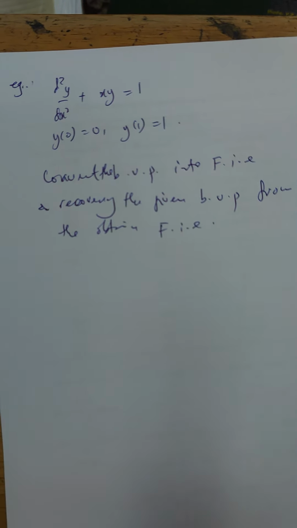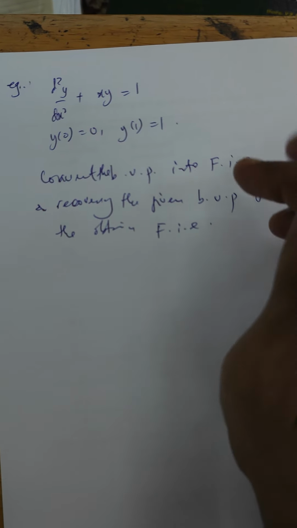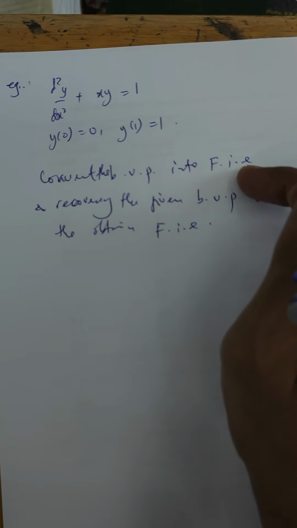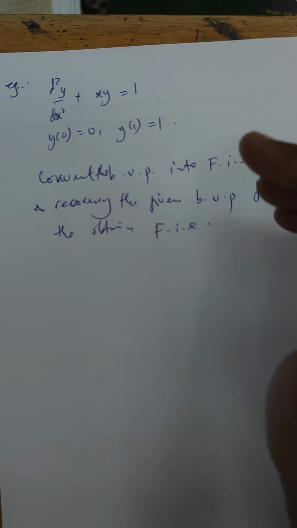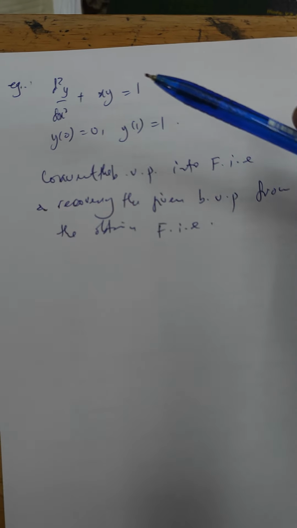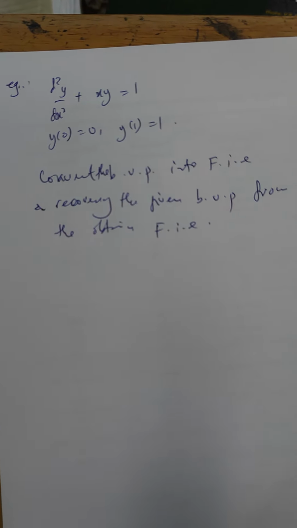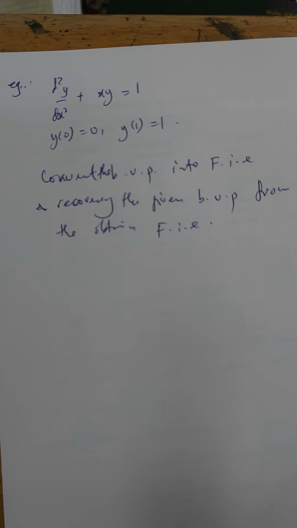So I leave this to you to solve. If your obtained Fredholm integral equation is correct, then when we reverse the operation to find the boundary value problem, that should give you the required boundary value problem. Okay.